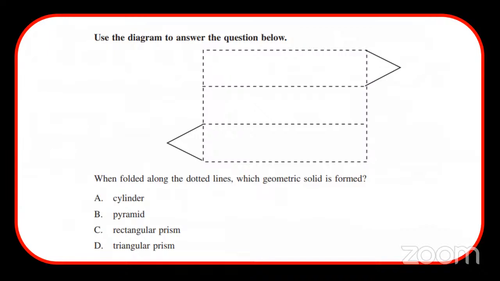Michaela had said rectangular prism. Explain to us, how do you know? How do we name prisms? When we're looking at the different faces on the net, how do we name a prism?